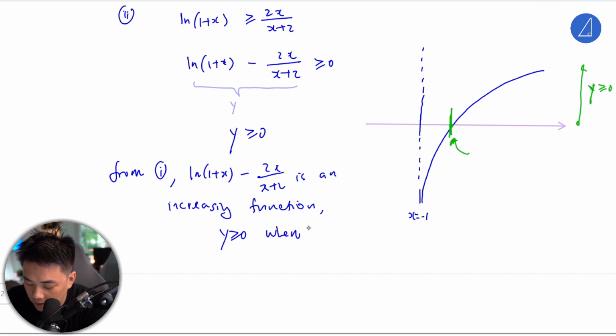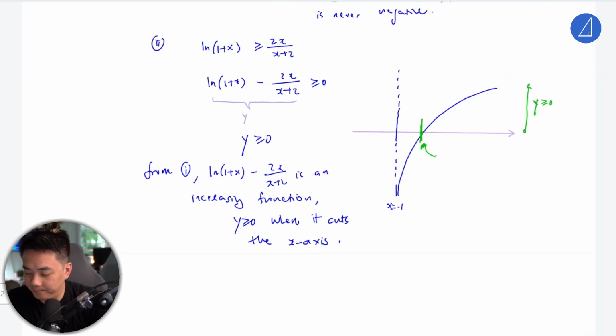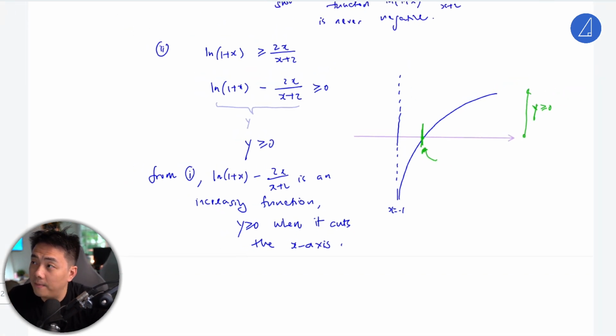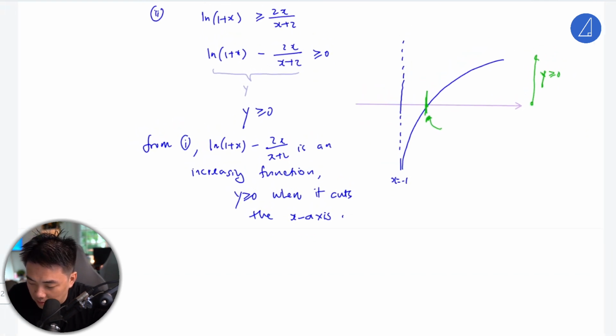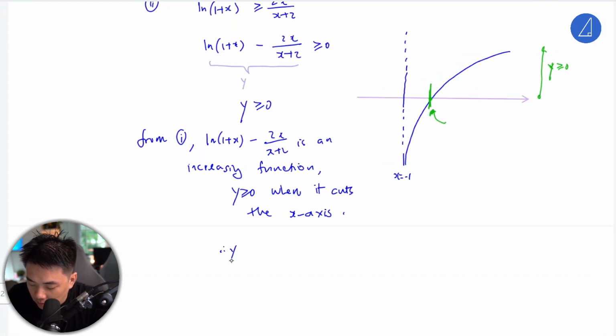The function is at least 0 when it cuts the x-axis and goes above. When y is 0, ln(1 + x) minus 2x over x + 2 equals 0. Solving this, x equals 0, by observation or by GC.